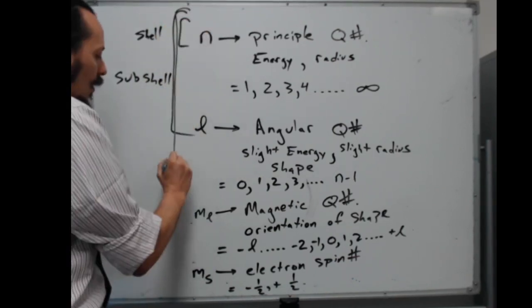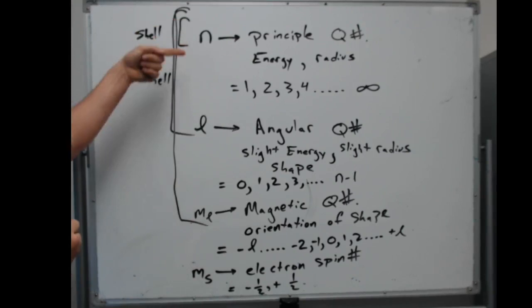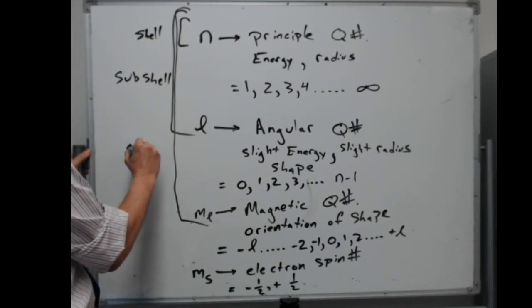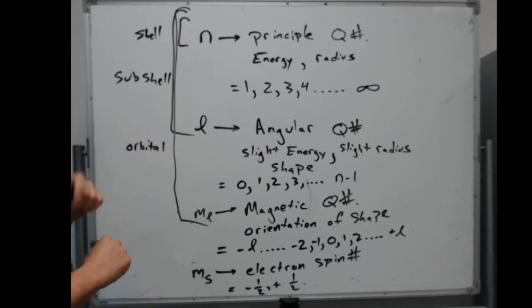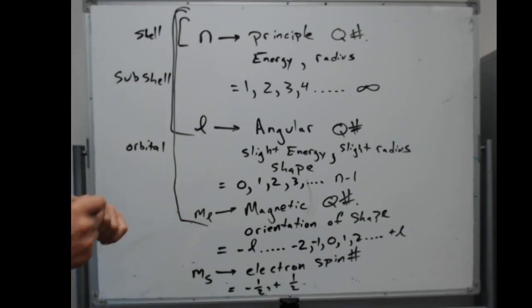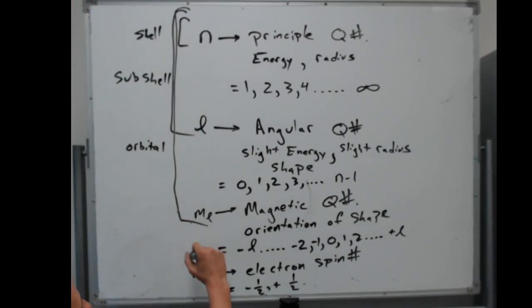And if we had all three of these, the n, the L, and the m sub L, this would be the orbital. That would define a particular orbital, having all three quantum numbers. The m sub s, this one is really looking at the electron.